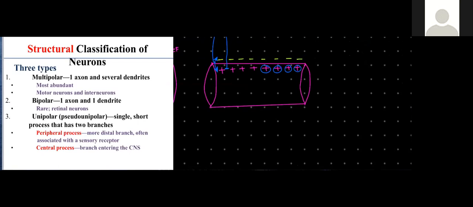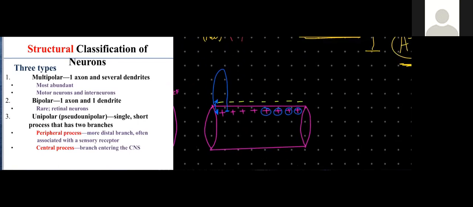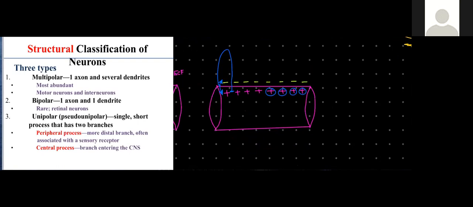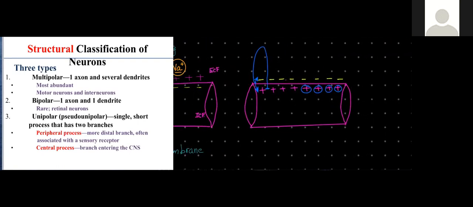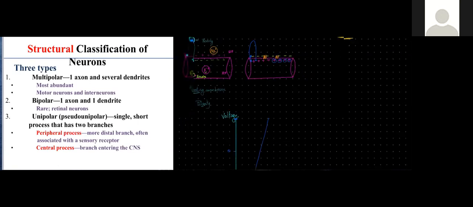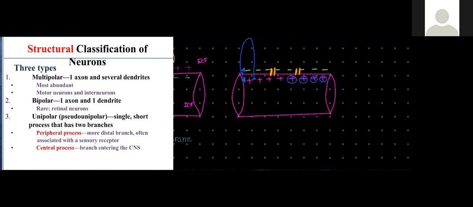So for you looking on here, what was the ion, if you remember from last class, what was the ion responsible to allow the cell to create this electrical signal? Sodium.